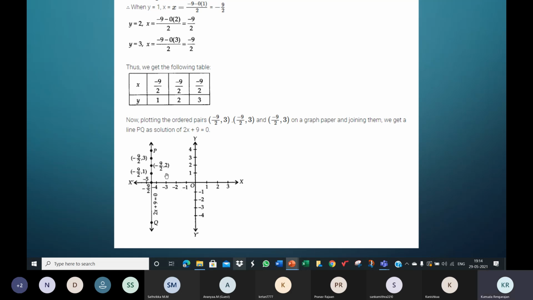So in one variable, it's a point on the number line. In two variables, it's represented by a straight line in the Cartesian plane, that is the coordinate plane.